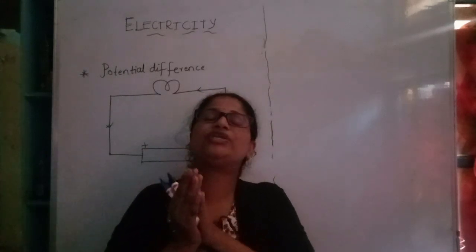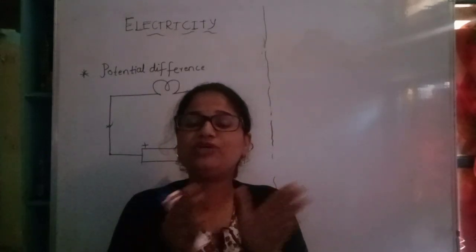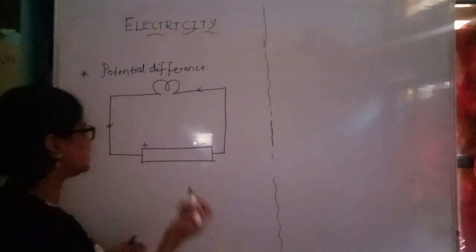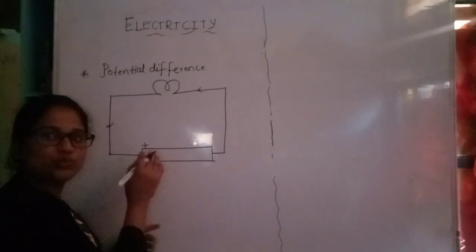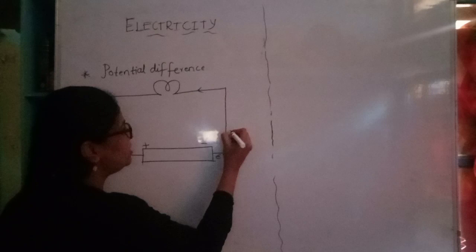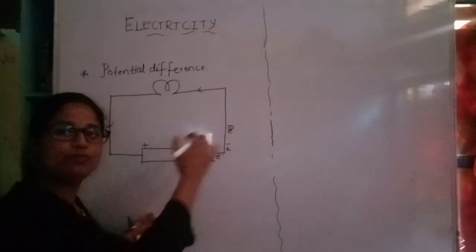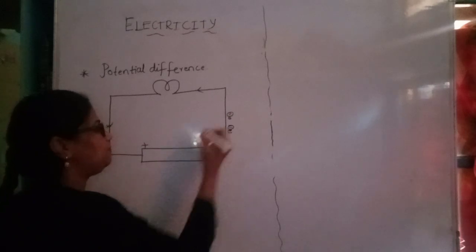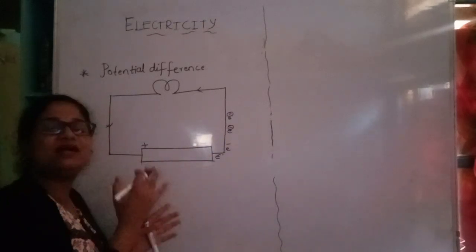Before going to that, we will discuss how the flow of electrons occurs. As I said in the last class, the flow of electrons will be from the battery, through the conductor. It is the continuous movement of the electrons. So what makes that continuous movement?